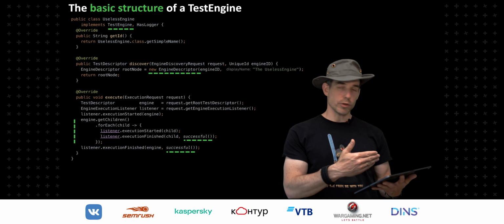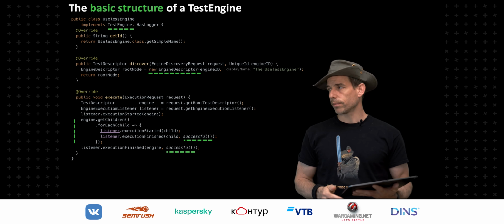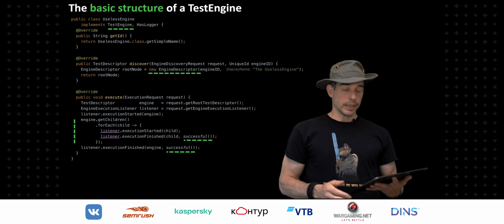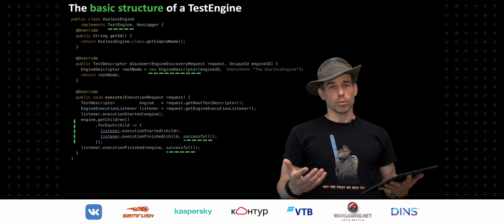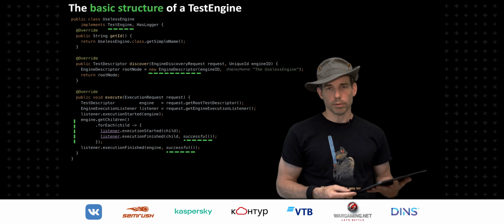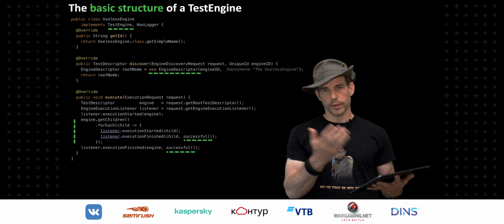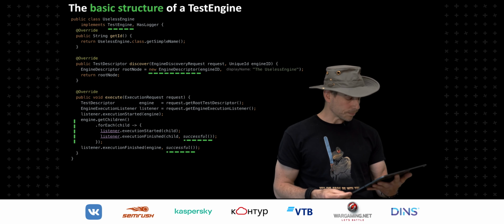And you have this engine ID as an identifier, and then a display name. This display name is just a logical name that you will see inside the log files or on command line output and all this stuff. Sometimes, just make sure that there's a nice name someone can understand.